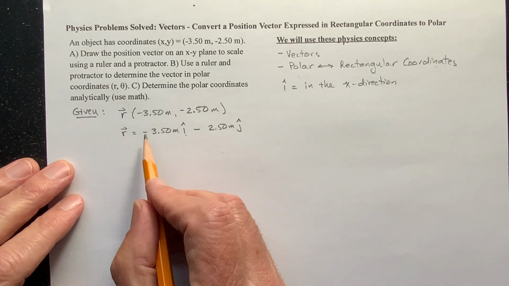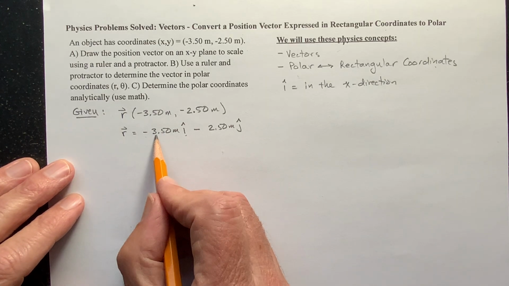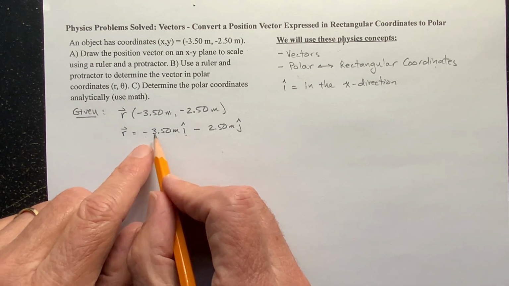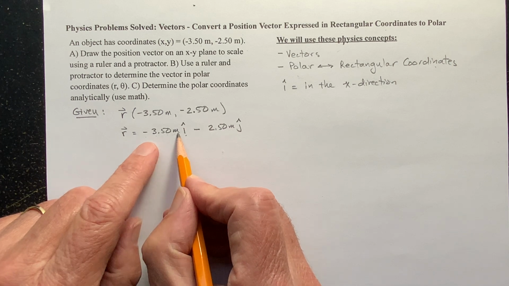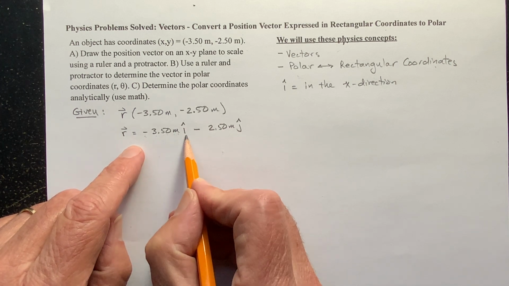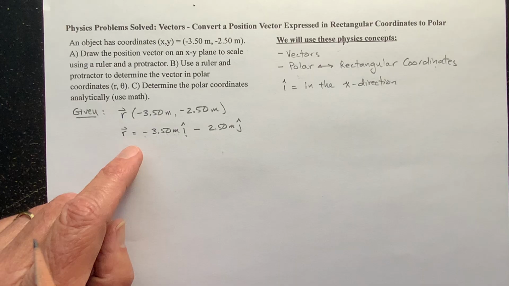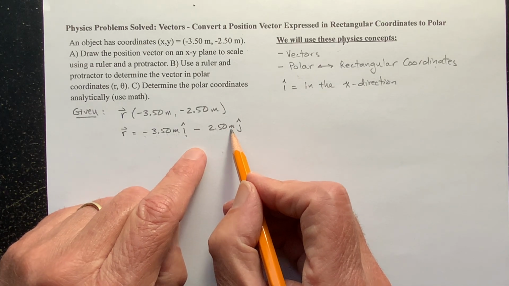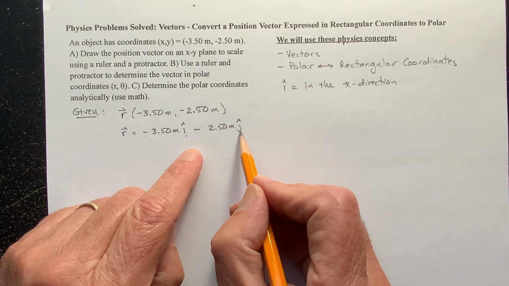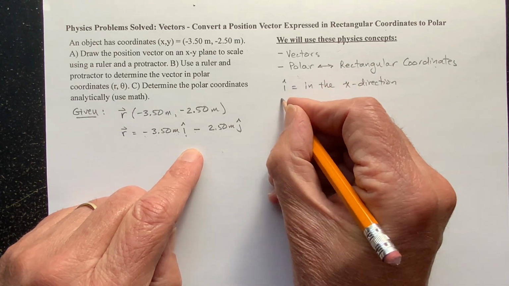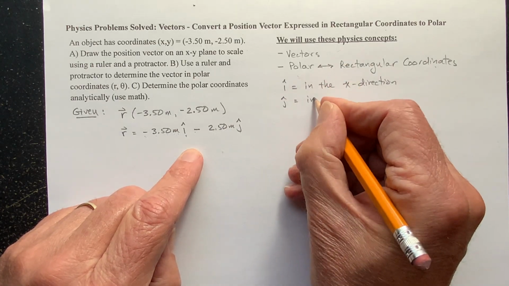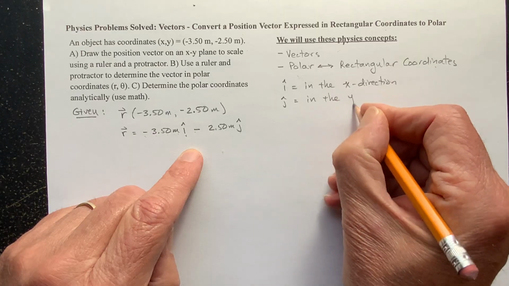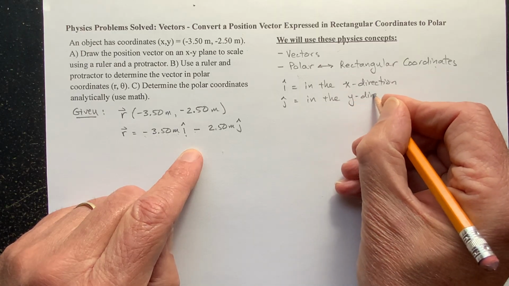But it just says, hey, we're going to go 3.5 meters in the negative x direction. That's one way of reading that. And we're going to go 2.50 meters in the negative y direction, because j hat means in the y direction.